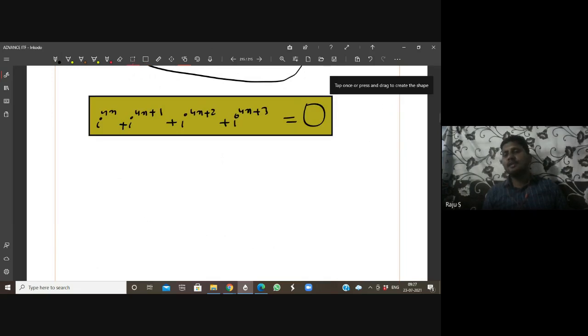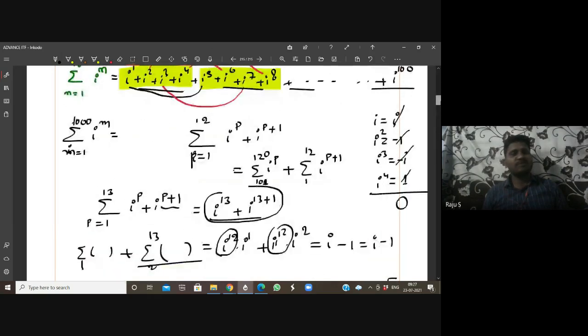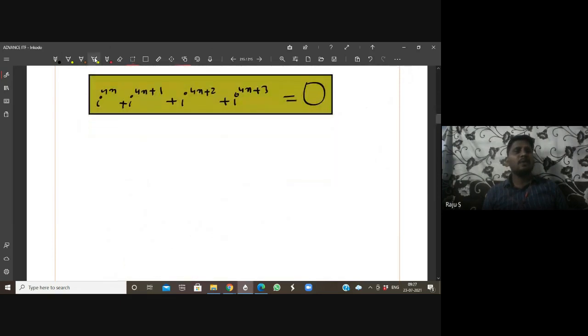Okay, this is related to summation, the sum of the values. Now I am going to teach you the product. What is i into i squared into i cubed into i power 4?